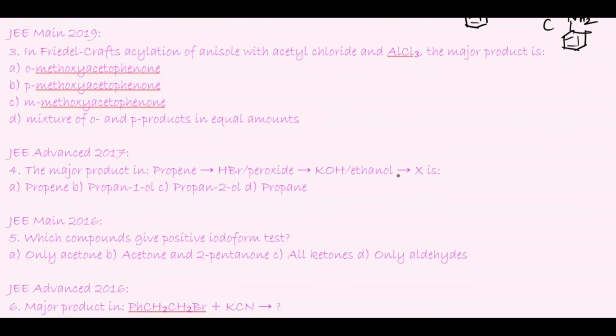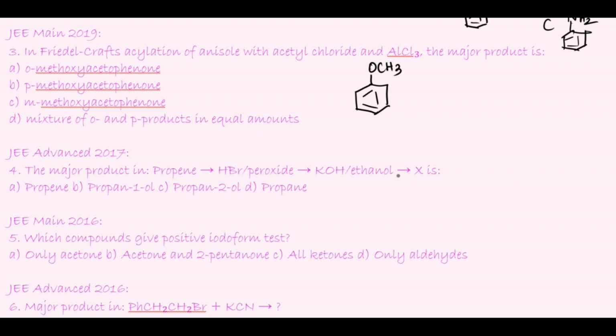JEE Main 2019: Friedel-Crafts acylation of anisole with acetyl chloride and AlCl3. What is anisole? An ether compound. I have told you Friedel-Crafts acylation is an electrophilic substitution, so we have to look at the substituent.